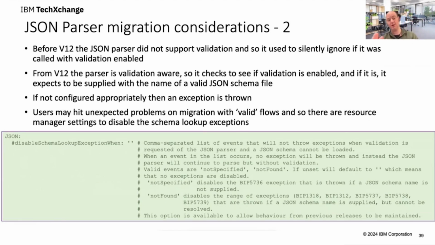Now it will try to honor that setting and will try and look up a schema. You'll get an exception thrown if that schema doesn't exist, and it won't because it's not configured. And so you can say, ignore those errors when I've asked for validation of JSON, but there's no schema. So you can turn those off. We had a few people hit that during the lifetime of version 12.